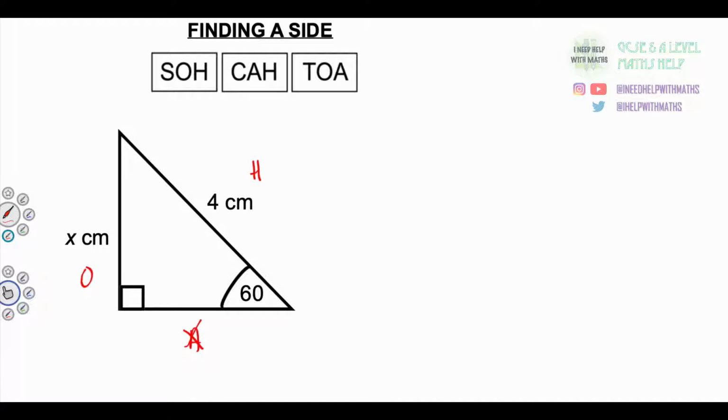We know the length of O is x, we want to find that out. And we know the length of H is 4. So we've got O and H, so we need the ratio that has O and H in it. So the ratio that we want is SOH.